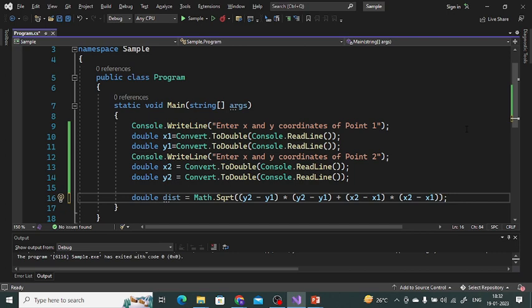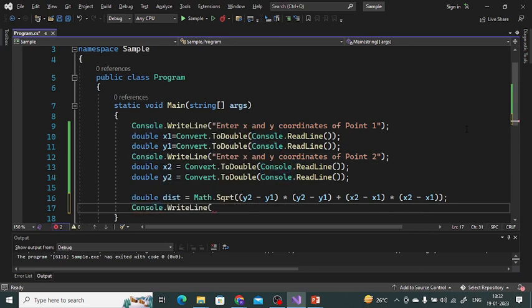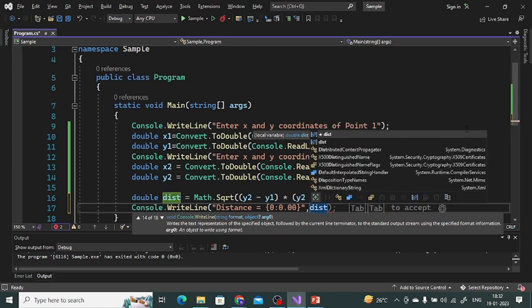I got the distance, so I'll be printing that. So Console.WriteLine, distance is equal to, now I guess I can do it directly, {0:0.00}, which forces it to be displayed only up to 2 decimal places, and the variable for the result is dist.